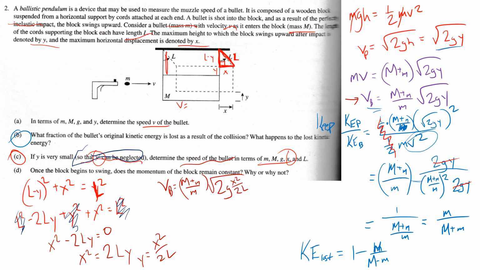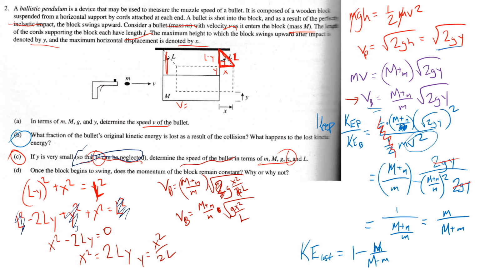All right, and yeah, we can get rid of those 2's. I suppose it'd be the courteous thing to do. So v of the bullet is equal to big M plus little m over little m times the square root of g x squared over L. Hold on there. There's all sorts of stuff not good with that. G is in the top, and L is in the bottom. Okay, now we're all set.